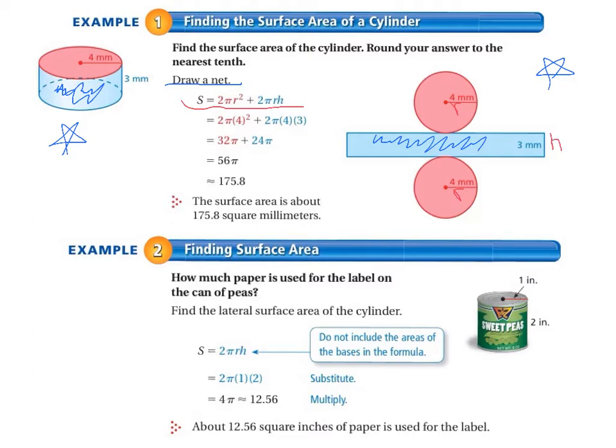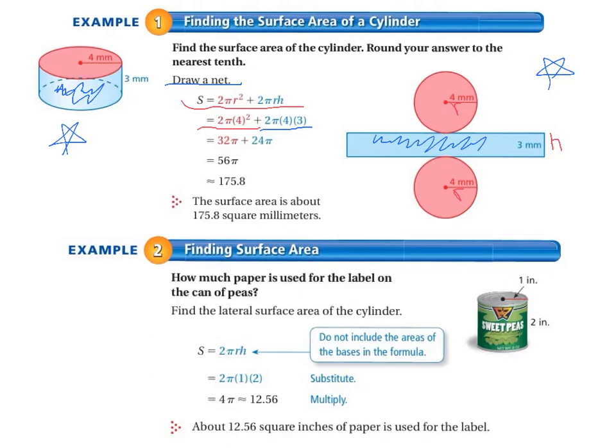Now when we plug those numbers into our formula, we have here on the next line 2 pi, and we just said that 4 was our radius, so that's why there's a 4 in the parentheses, and we square that, plus 2 pi, again, our radius is 4. And then we also plug in that height in that second half of our formula.